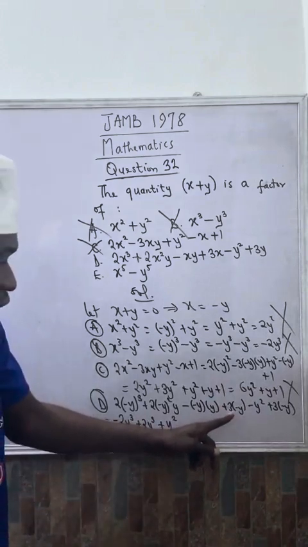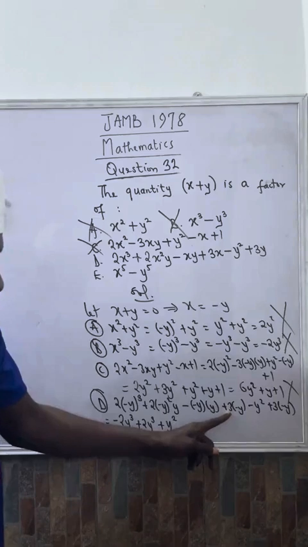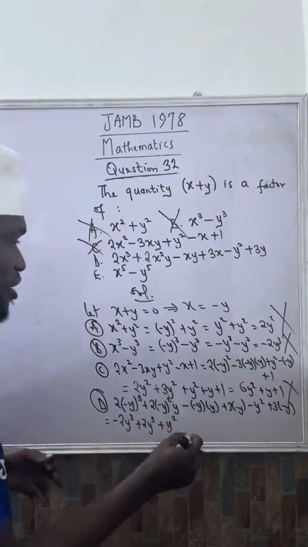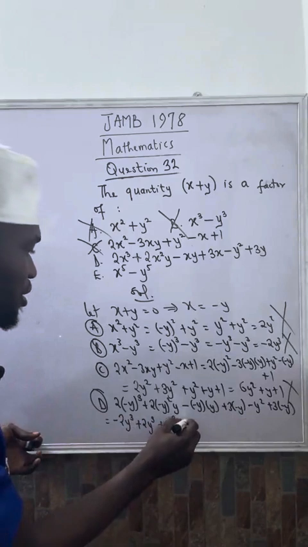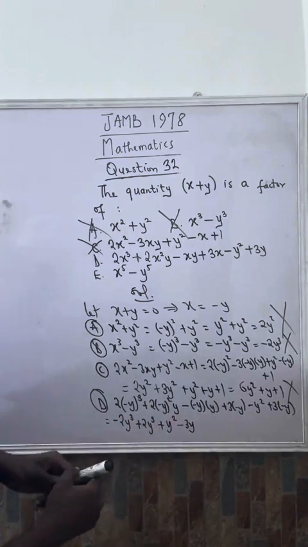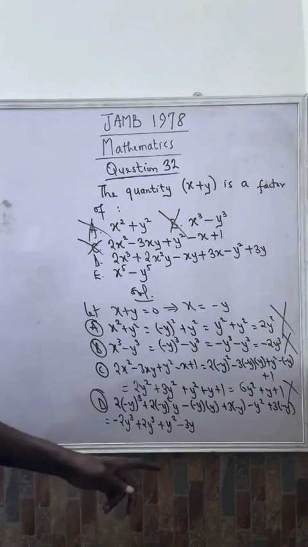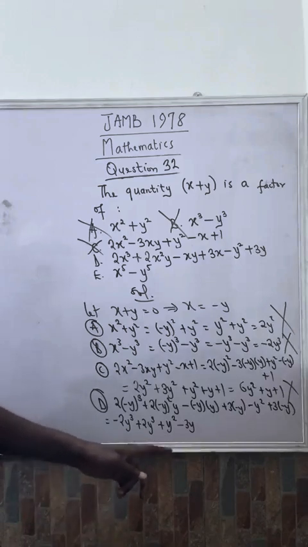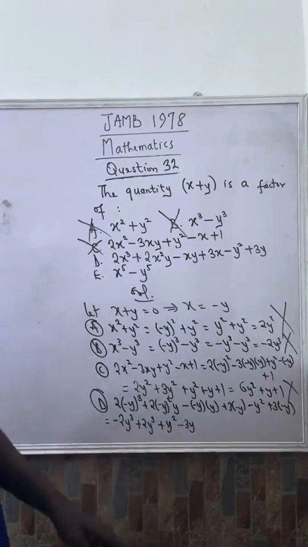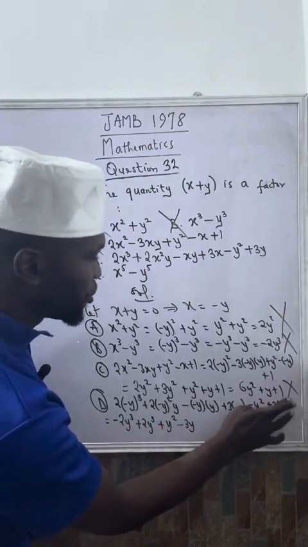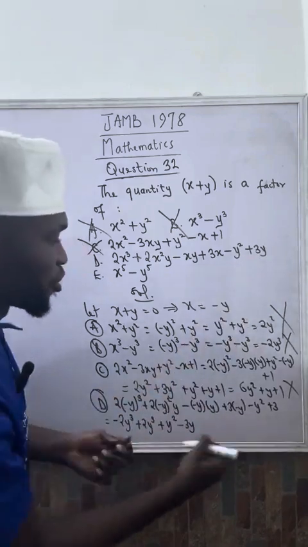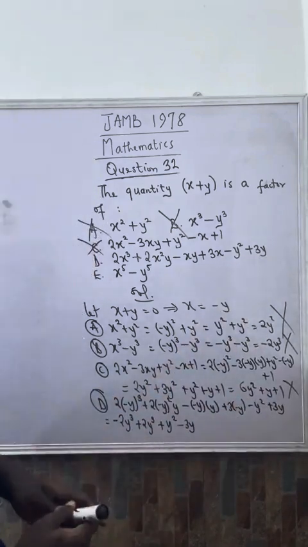Now from here, this will be plus negative 3 times this. That will give me minus 3y. Yes, this will be minus 3y. Okay, so from here, this is positive y, that will be plus y. Don't let us change anything.